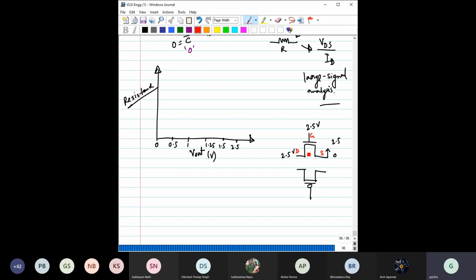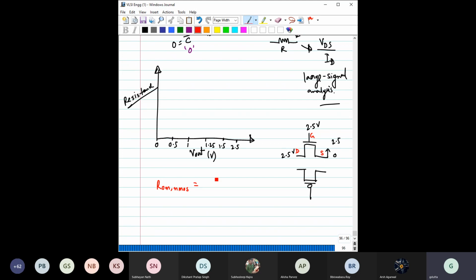This transistor is operating in which mode? Saturation. Always in saturation, right? You can see this Vd and Vg are the same, so it will always be in saturation. Can you write then what is R on for this NMOS?